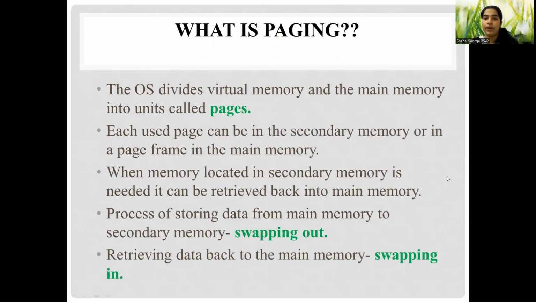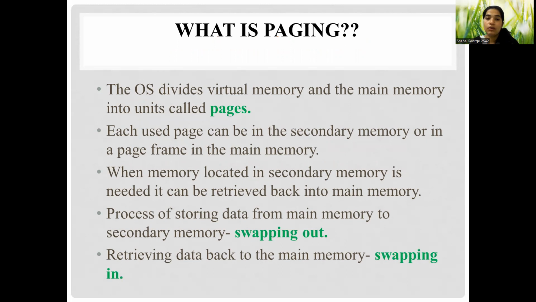To begin with, what is paging? The OS divides your virtual memory as well as your main memory into units called pages. Each page can be in the secondary memory or in a page frame in the main memory.